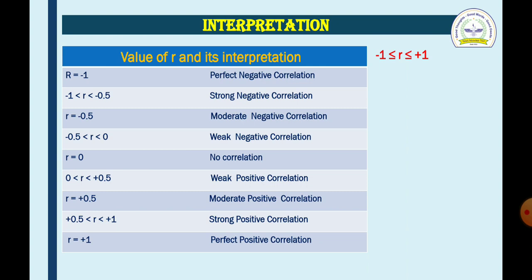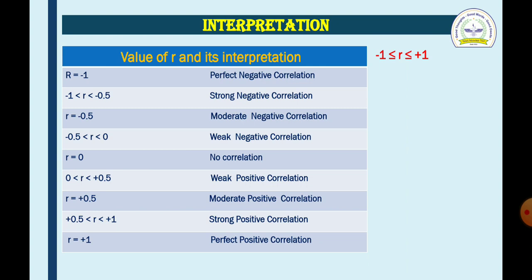So if we find the correlation coefficient significant, then we need to interpret whether the association between these two variables is strong or weak, and whether these two variables are positively associated or negatively associated.